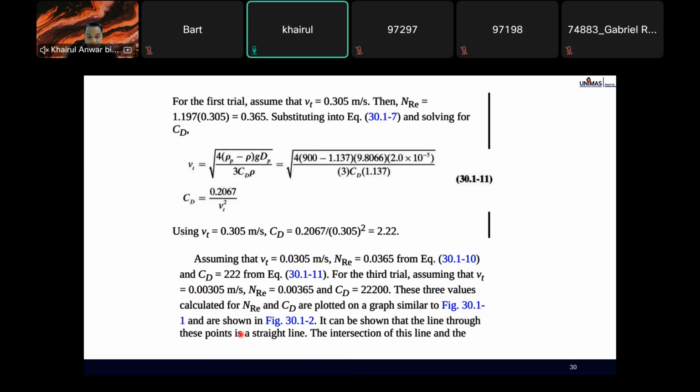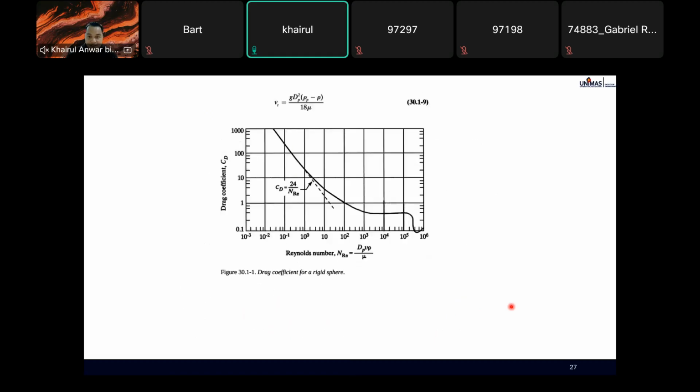So these three values for NRE and CD are plotted on a graph similar to 30.1-1, as shown in Figure 30.1-2. So 30.1-1 is this one. Since now you have three values of CD and three values of NRE, plot them here.